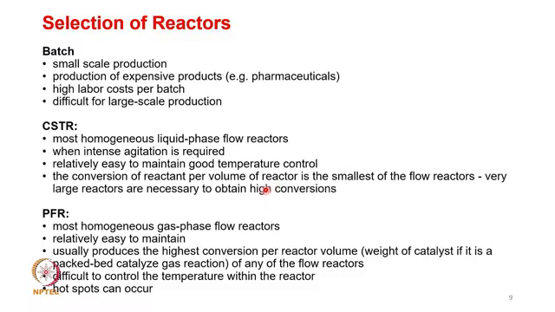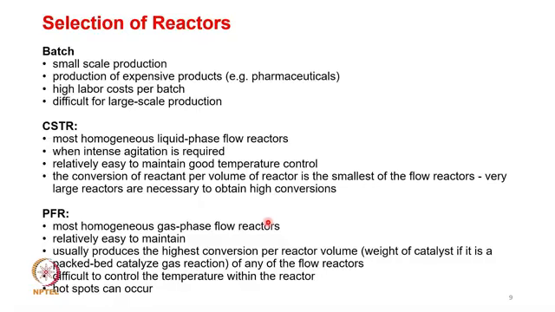So, now go to the third reactor, as we have seen, the PFR. See, CSTR is most homogeneous liquid phase, in PFR it is most homogeneous gas phase. It is relatively easy to maintain, and usually produces the highest conversion per reactor volume of any of the flow reactors.